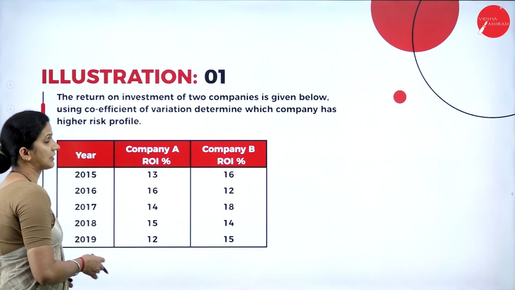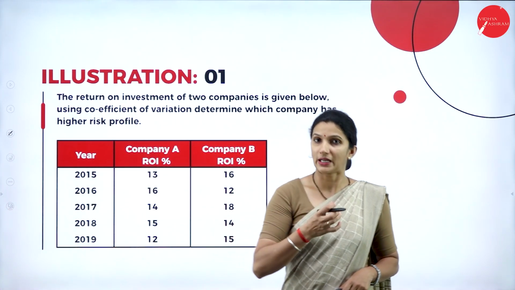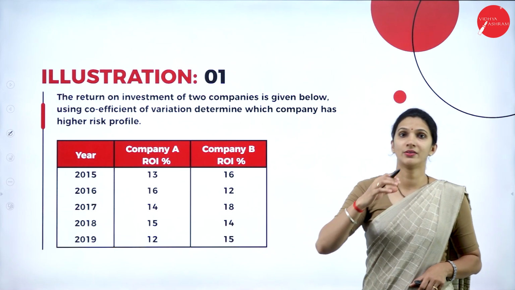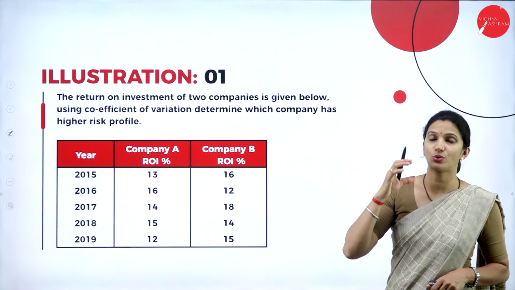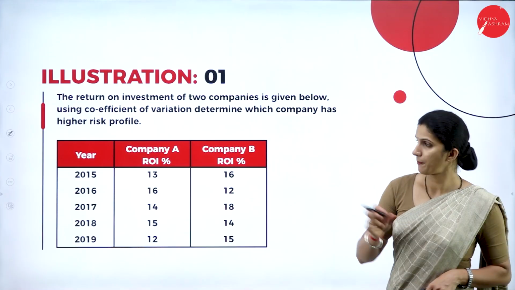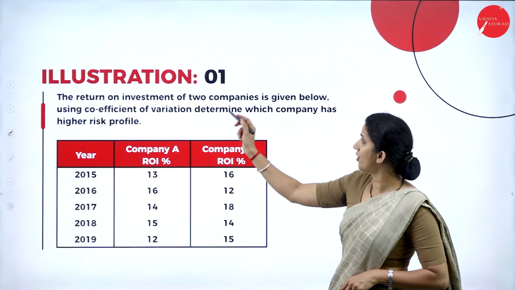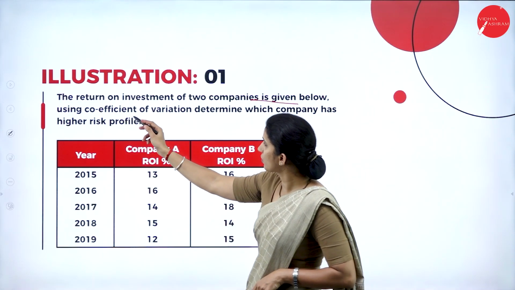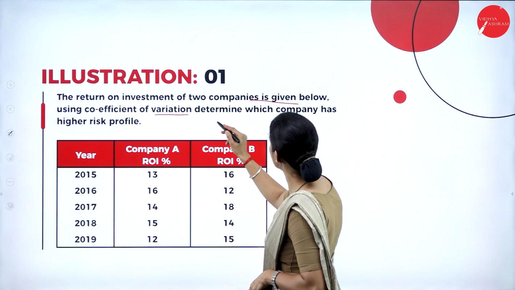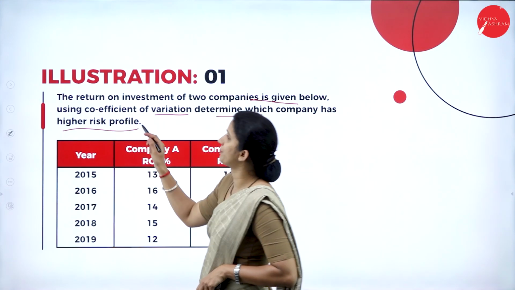So now we'll see the question. Today in this session, I'm going to solve the problem regarding standard deviation where only the x is given, that is, the standard deviation when we don't have the probability. So see the question. The return on investment of two companies are given below. Using the coefficient of variation, determine which company has the higher risk profile.